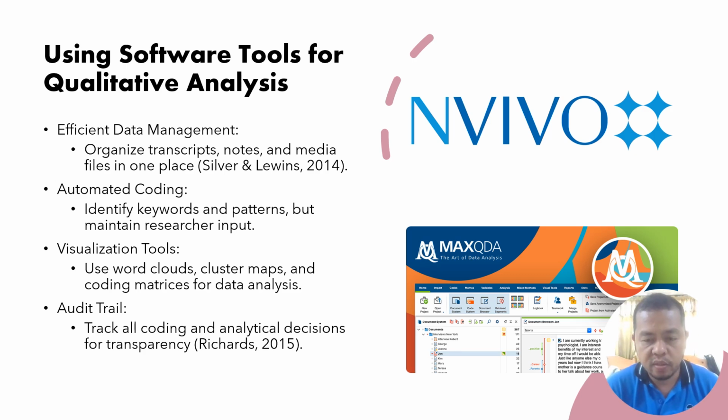I don't know about MAXQDA and QDAS, but NVivo, when I was still in the center, we were canvassing because we wanted to purchase this software, but we lacked the budget, because it's around 80,000 pesos.